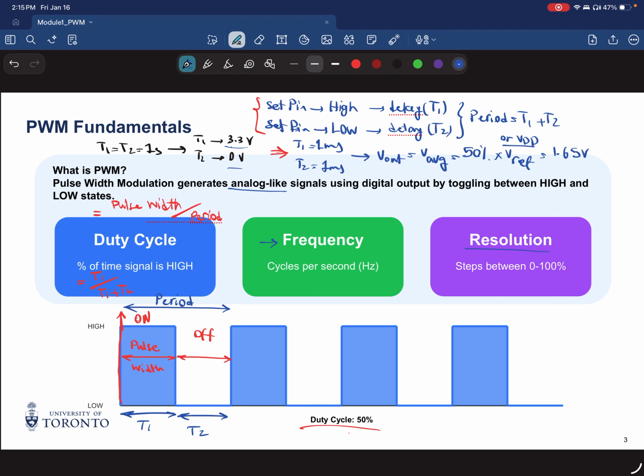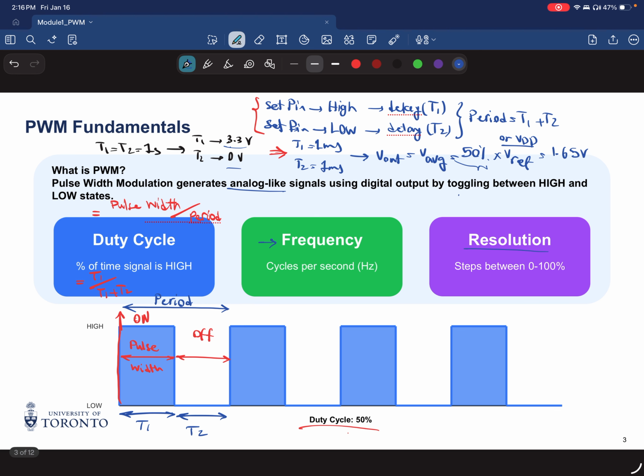The third parameter is the resolution. With the toggling, even if you do it fast enough, the levels you would get are limited, for example V out being 1.65 volt. You can't achieve every level, but because we can implement PWMs with timers, we achieve something much higher.